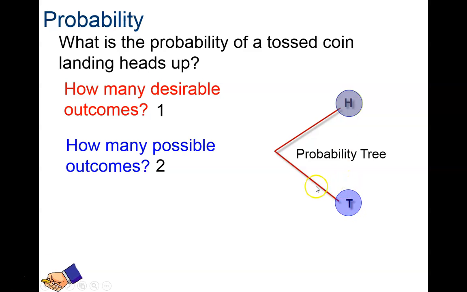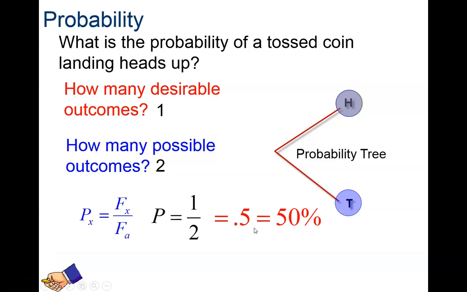So our relative frequency is 1 possibility that we're interested in, landing heads, over the total number of possibles, which is 2. So it's 1/2. The probability of landing on heads is 1/2, or 50%. We didn't really need a lot of fancy work to tell us that, but this is just going through the basic mechanics of the process.